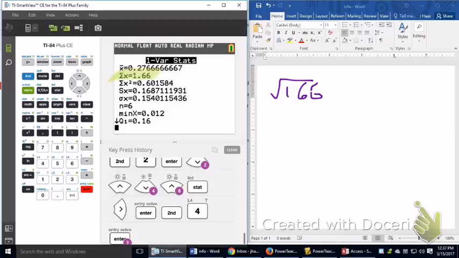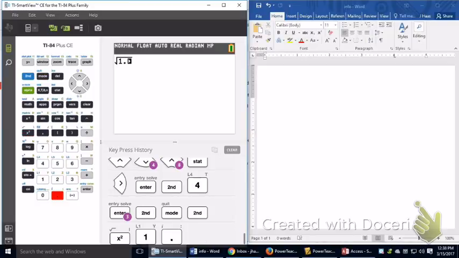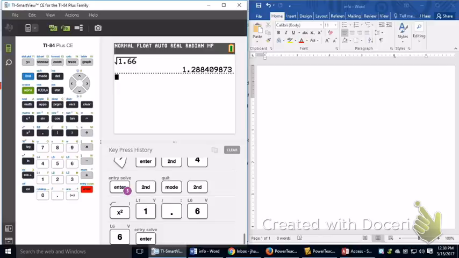So I can go back to the main screen of the calculator and just do the square root of 1.66, and that gives you that information.